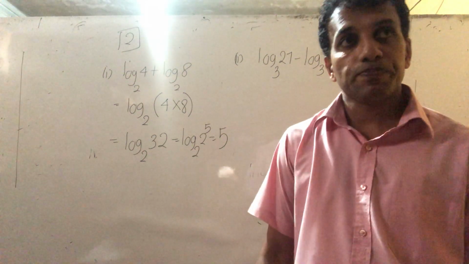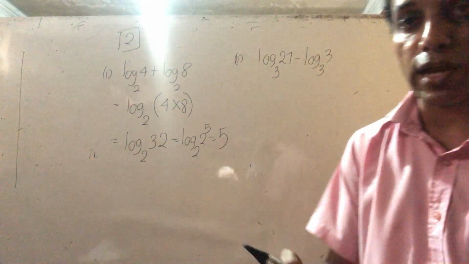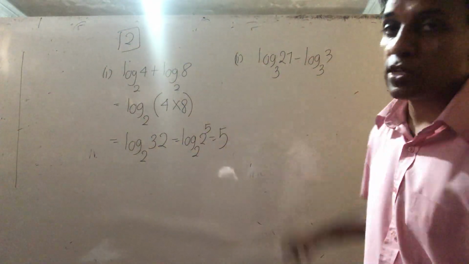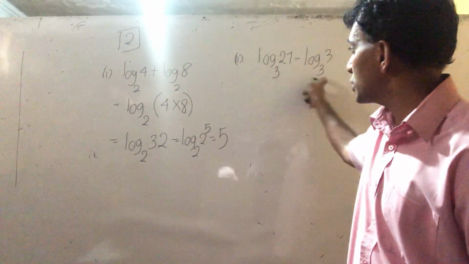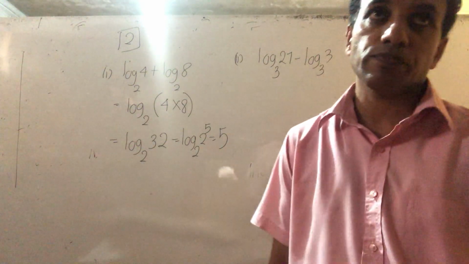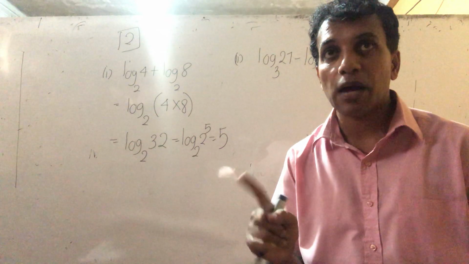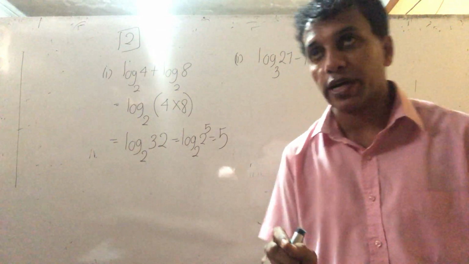See the next question. Simplify, find the value. Logarithm 27 minus logarithm 3. Base is 3. So what is that? The bases are the same. Minus becomes divide. Rule number 2.